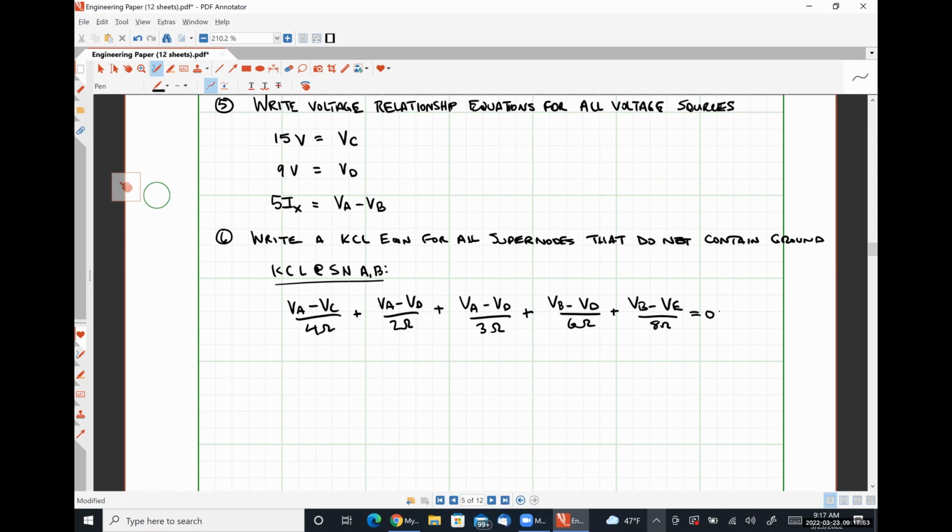All righty. That's our only supernode that doesn't contain ground. So we're on to step 7. Write KCL equations for all other non-reference nodes.